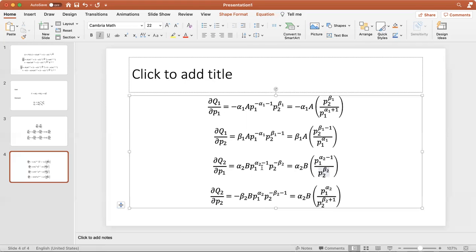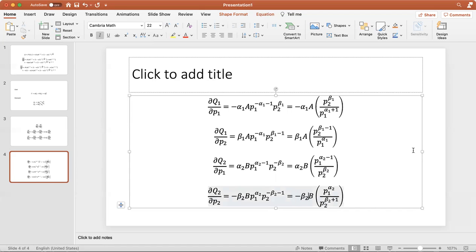Nothing happens to P1, it's just the same as before, but this time you're going to subtract 1 from beta 2, negative beta 2, because of the definition of the derivative. So we take the derivative of Q with respect to P2. B P1 alpha 2 is constant, so keep it as it is, and then you have this expression. I just have to replace this. This just becomes negative beta 2.